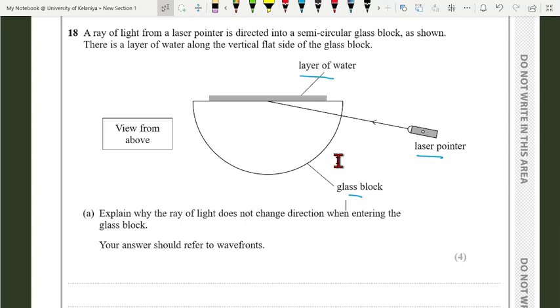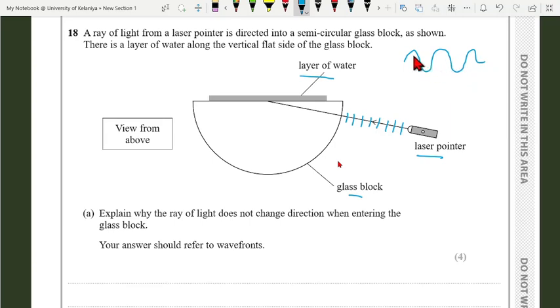Your answer should refer to wavefronts, right? Okay, so if I draw, we can draw its wavefronts like this. These are wavefronts. Normally when we are drawing waves or waveforms, we draw it like this.